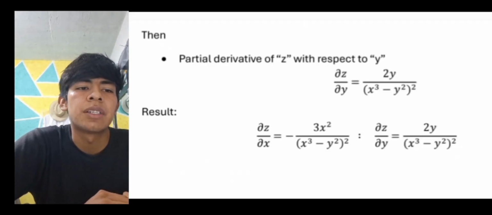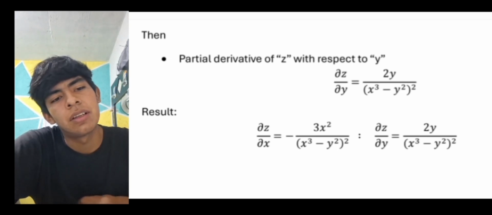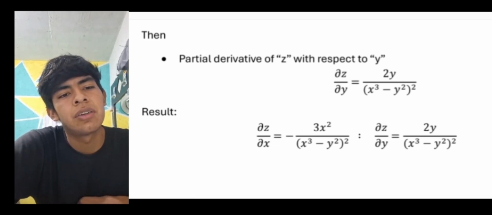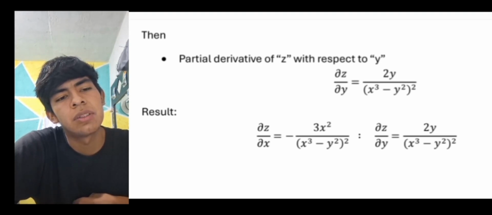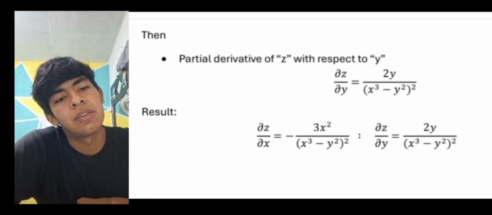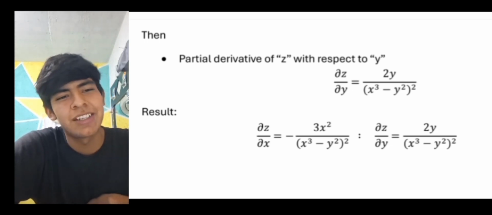Then the partial derivative of z with respect to y is equal to 2y divided by (x cubed minus y squared) squared. So the results are: the partial derivative of z with respect to x is equal to minus 3x squared divided by (x cubed minus y squared) squared, and the partial derivative of z with respect to y is equal to 2y divided by (x cubed minus y squared) squared.